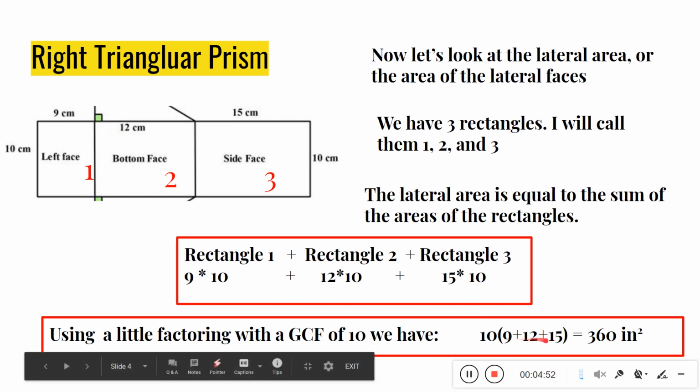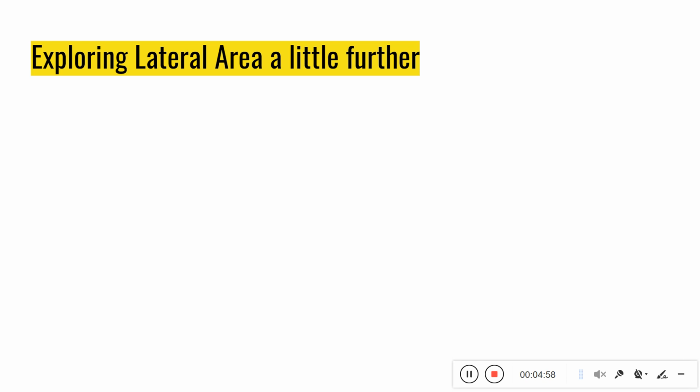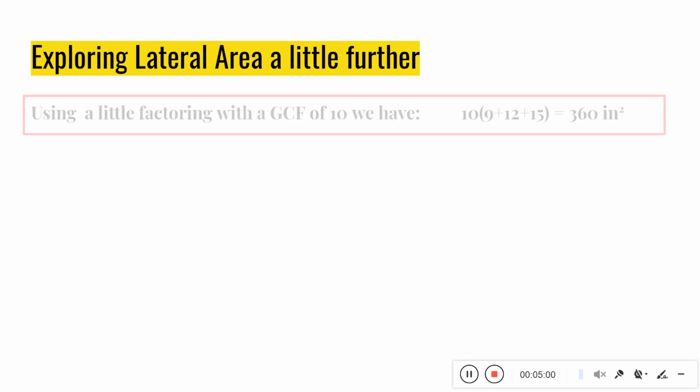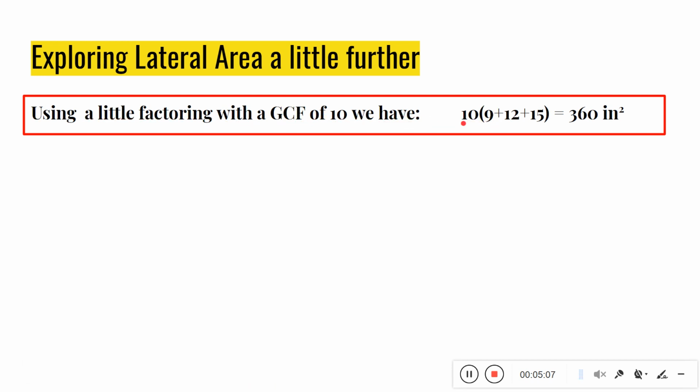Now, why did I factor out that 10? Let me explore that a little further. So let's take the lateral area and look at it in a little bit more depth. If we take this statement where we factored out the 10, we had 10 times 9 plus 12 plus 15.